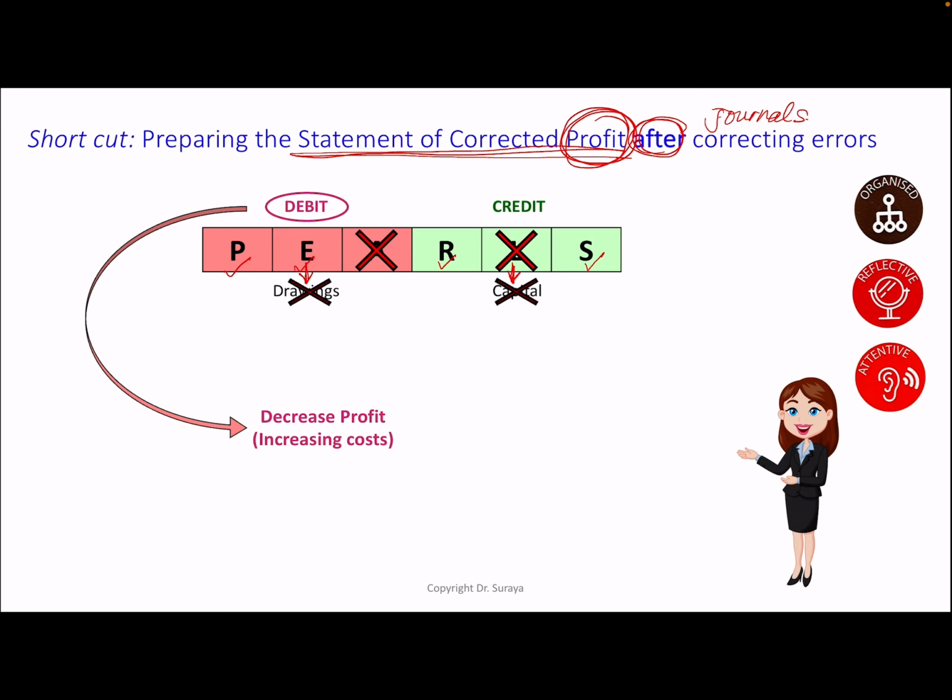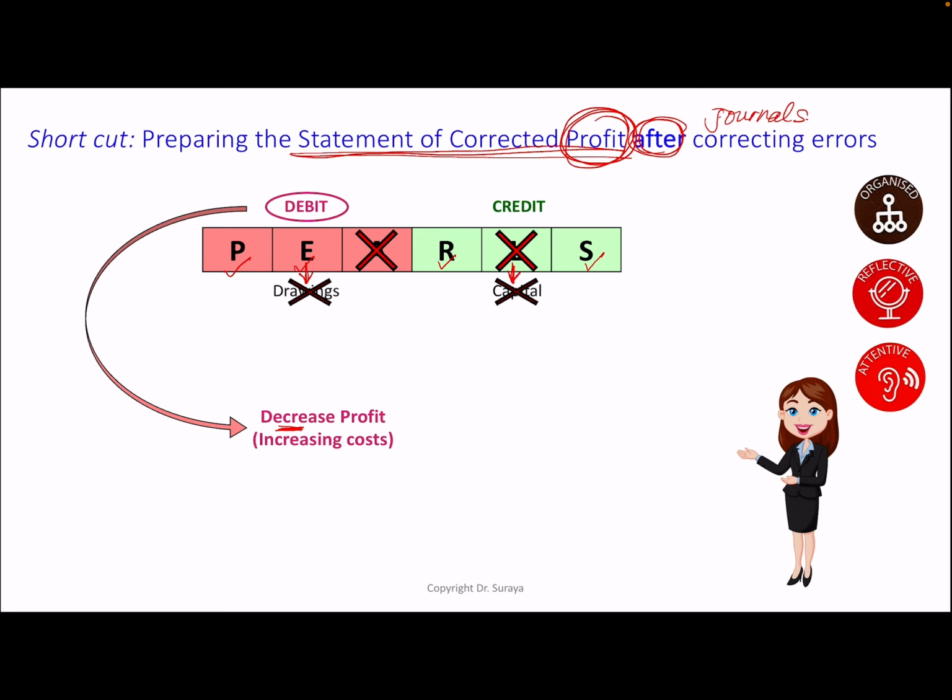Right? Debit is going to increase costs. Anything on debit is going to increase your costs. Therefore, when your costs increase, your profit decreases. So remember, if you find purchases and expenses on your debit side, it is going to make your profit lesser.